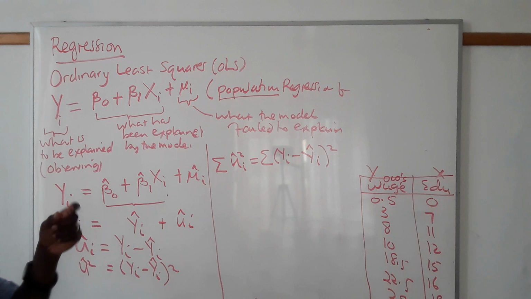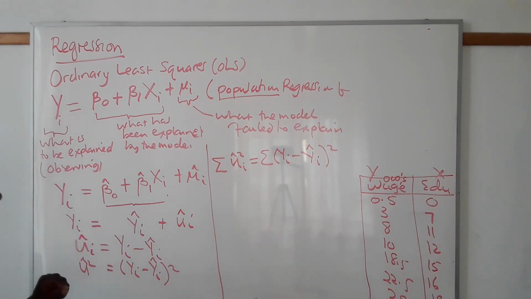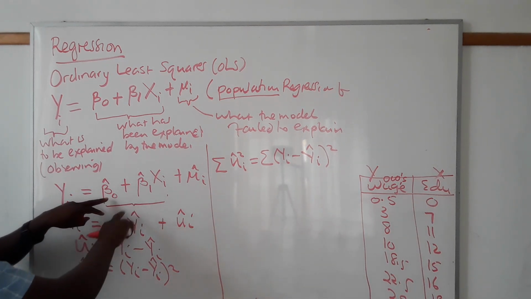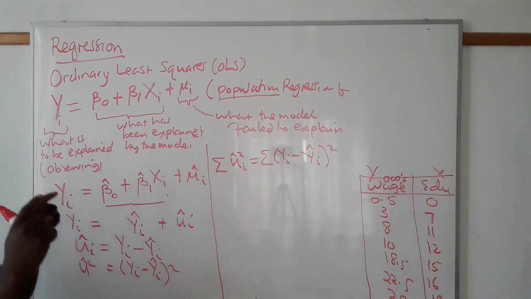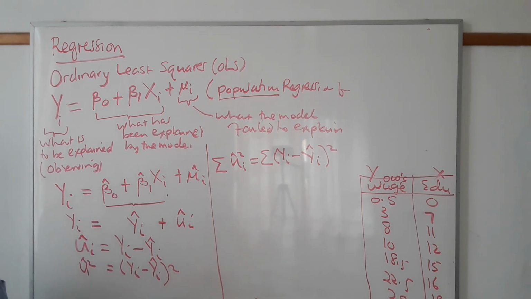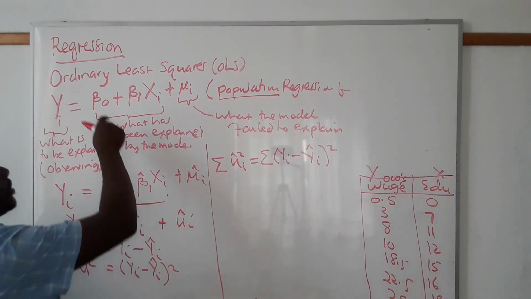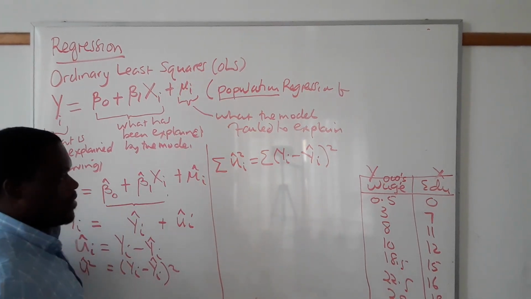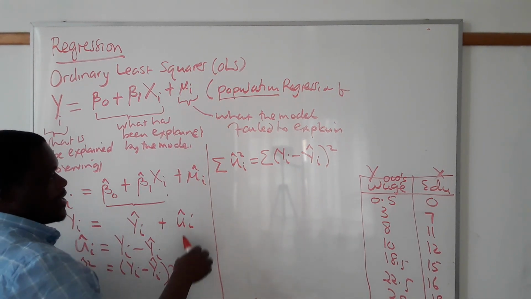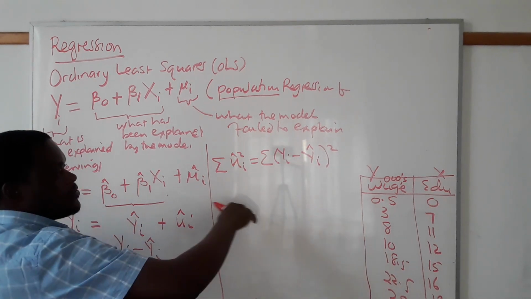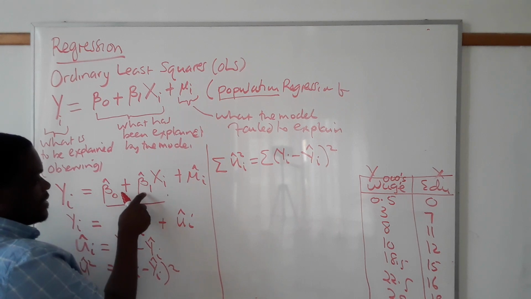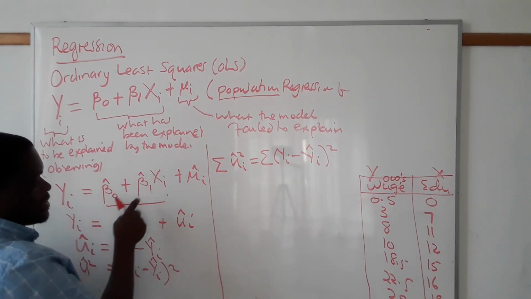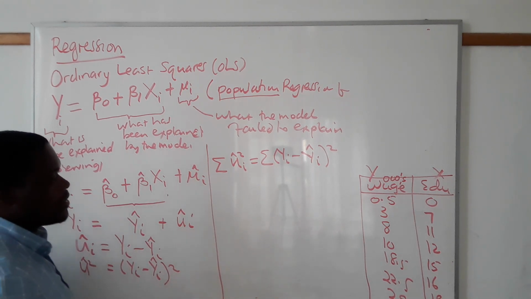The method that will give us values of beta naught hat and beta 1 hat that fit the best regression line is called the ordinary least squares method. What we have to do here is apply the method of calculus to get the formulas for beta naught and beta 1.